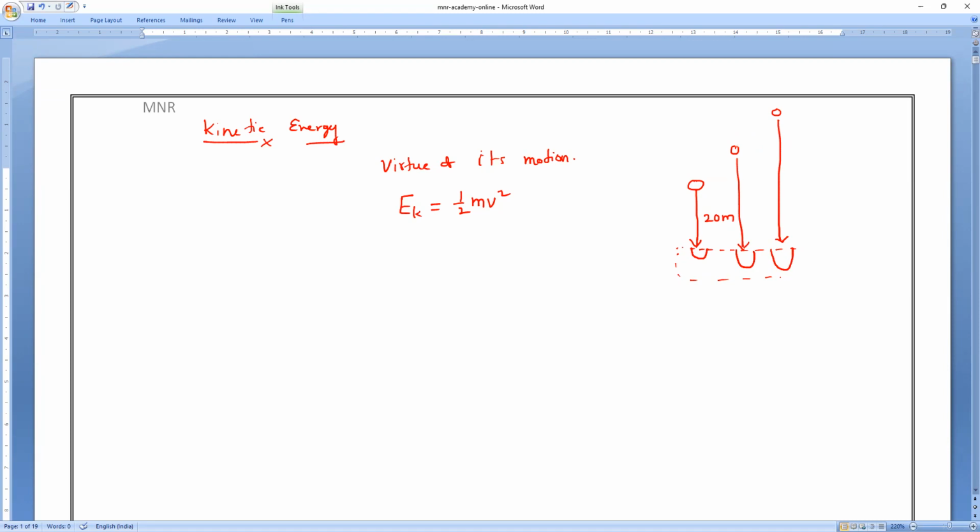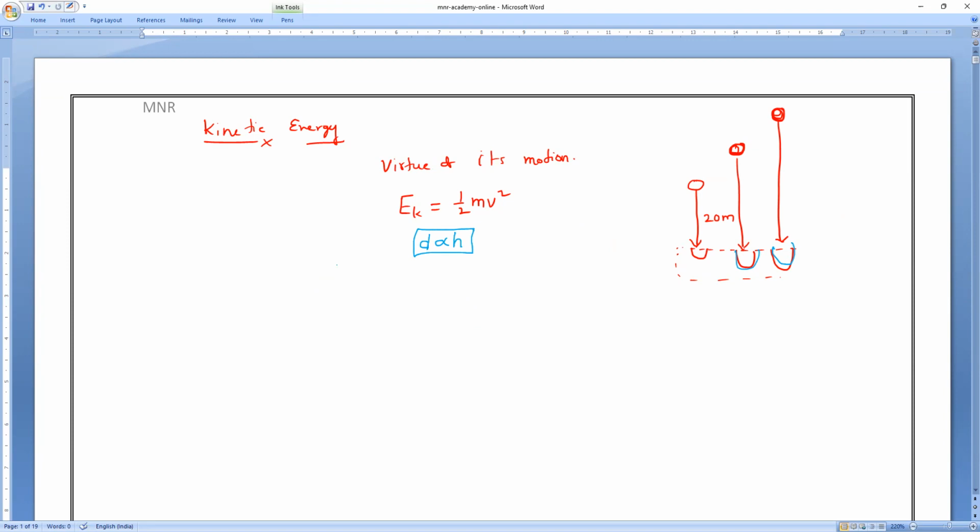Means when you take the same body at different heights, as the height above the ground keeps on increasing, the depression created by it also increases. That is what we proved in the last class. So the depression created by the body is directly proportional to the height above the ground from which it has been dropped. Am I right, all of you? Please respond. Everybody? Yes, sir.